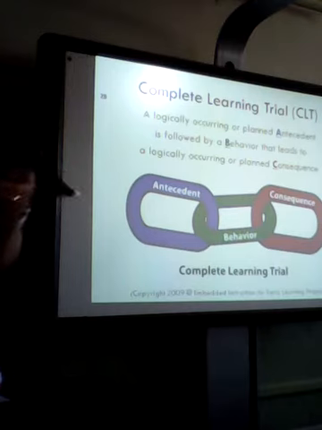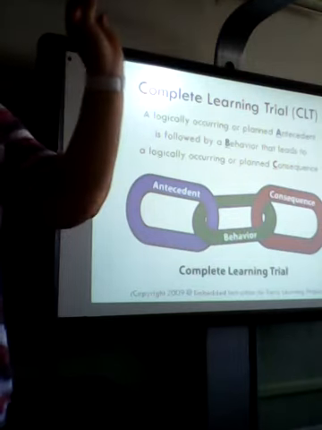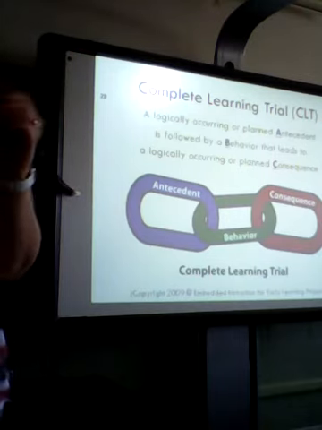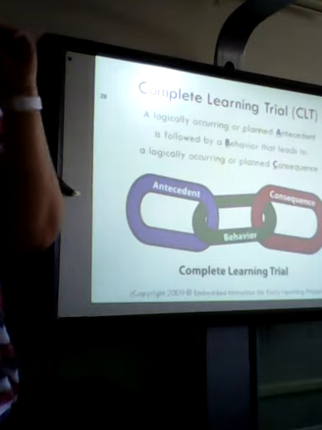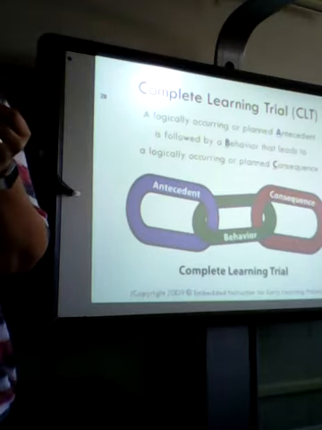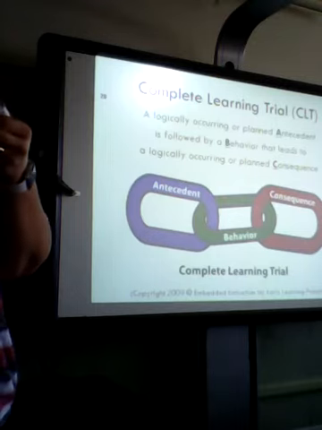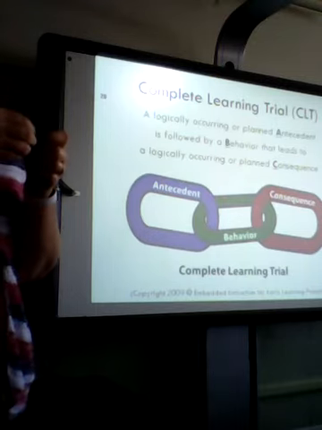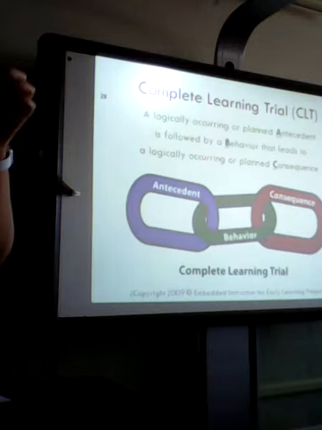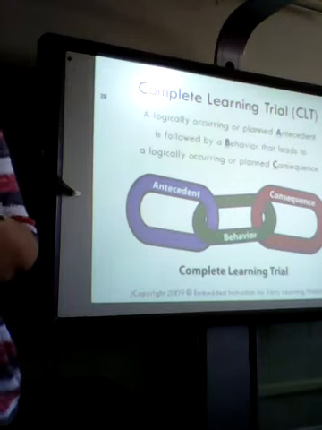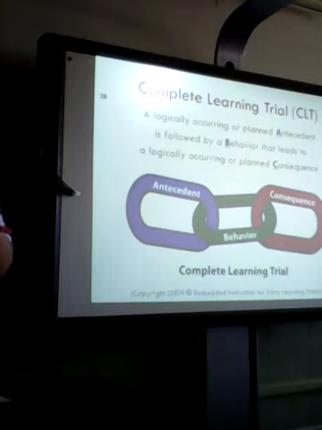So really, you have your three parts. I brought some colored paper clips here. If you have your antecedent, your behavior, and your consequence, they're not as effective if you don't have all three. If you just have two of them together, they're still not very effective. But if you think about that learning trial with all three parts, it's really a way to teach skills in a very intentional manner.